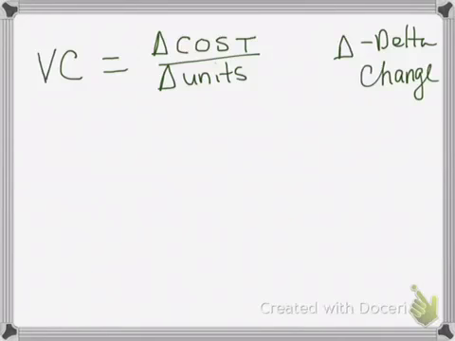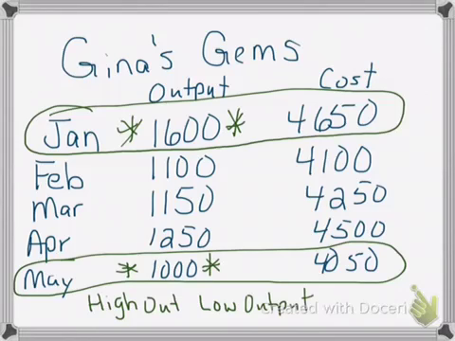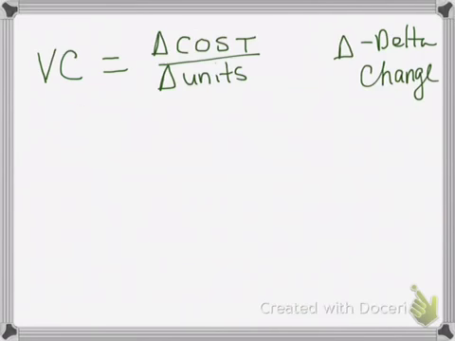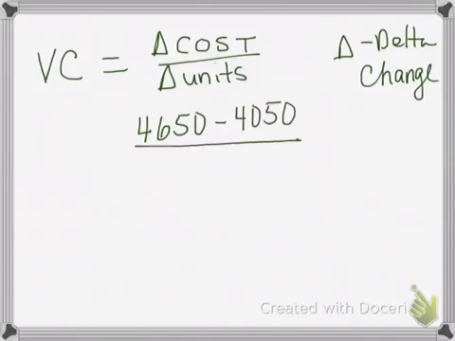So if you see that in the future, you'll know that's what we're looking at. So what we'll look at here is that change in cost. For the change in cost, we are going to be looking at the 4,650 and the 4,050. So that is going to be $4,650 minus the 4,050. That's the change in cost. Then we're going to look at the change in units. So 1,600 units is what went with the 4,650. 1,000 units went with the 4,050.